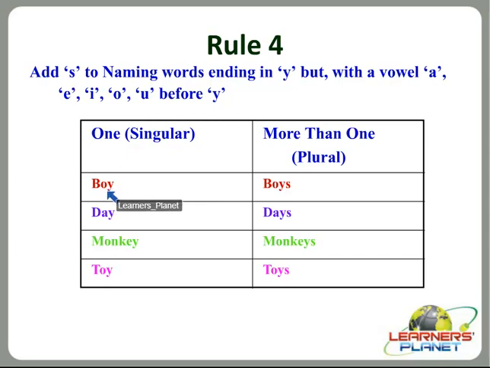A, E, I, O, U. If you have a vowel before the Y ending, you have to add S to make it plural.